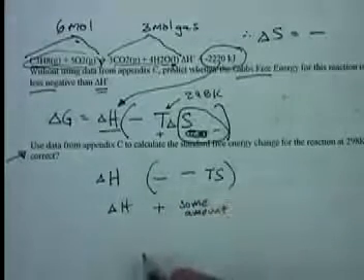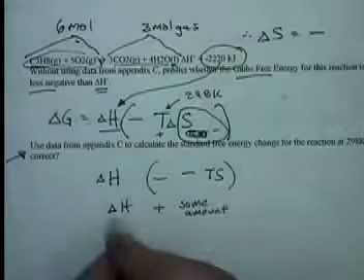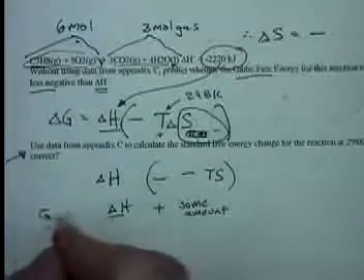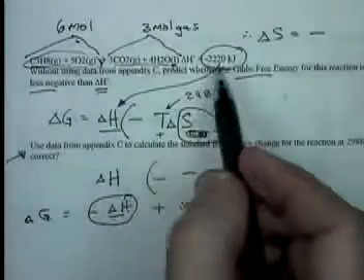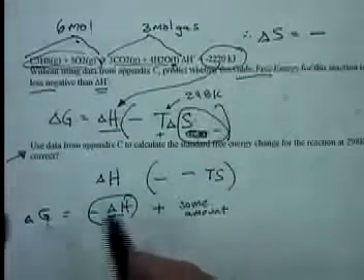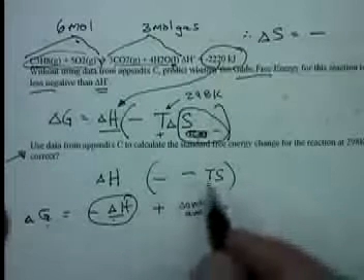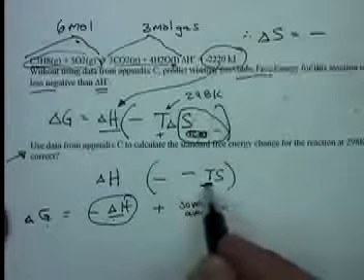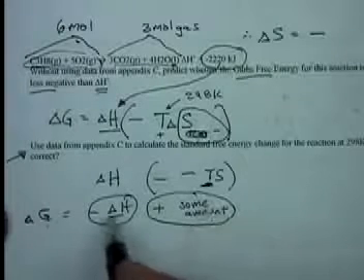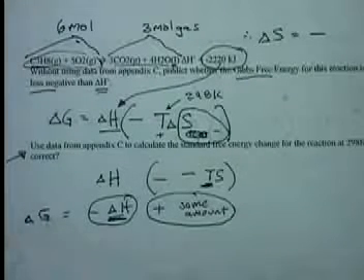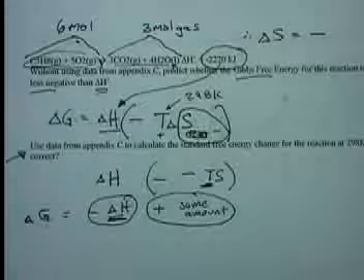And so what we would predict is that delta G, which equals our delta H, a large negative number, should increase in value as temperature gets bigger. As T gets larger, this amount should get larger, and therefore this will become less negative, and delta G should increase in value. Let's see if that actually happens now.